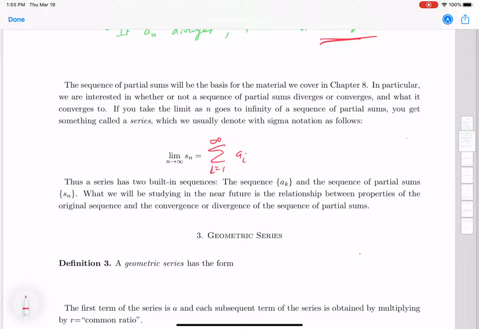So a series has 2 built-in sequences. The sequence a sub k that we're adding up, and then the sequence of partial sums, S sub n. And depending on what we're dealing with, the sequence that we're adding up is often going to tell us information about what we get for the sequence of partial sums.